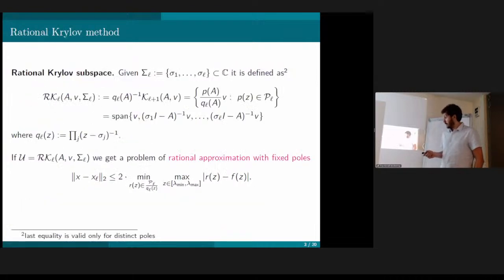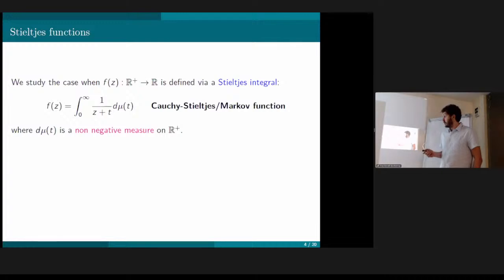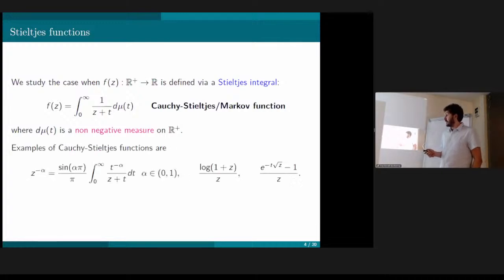And actually, we address this problem in a wider class with respect to the negative fractional powers. We consider the Cauchy-Stieltjes class or Markov function class. So in particular, all functions that can be represented as a convolution of the Cauchy kernel, 1 over z plus t, with a measure on the positive semi-axis.